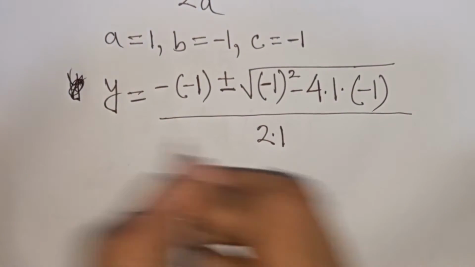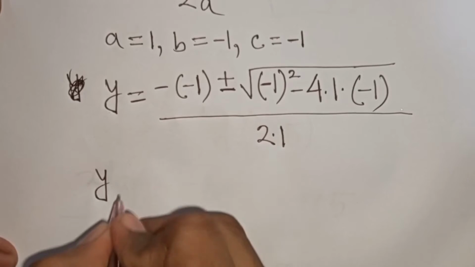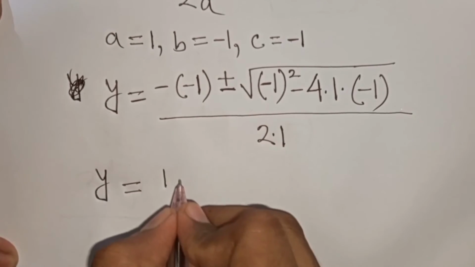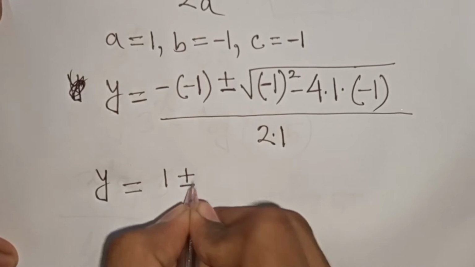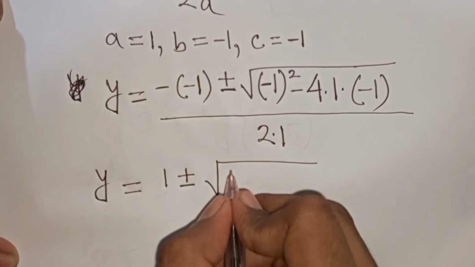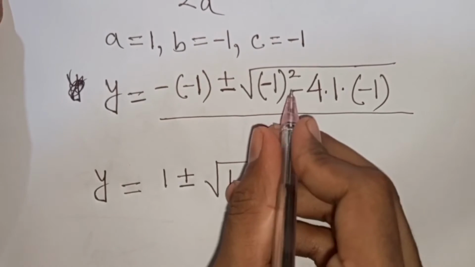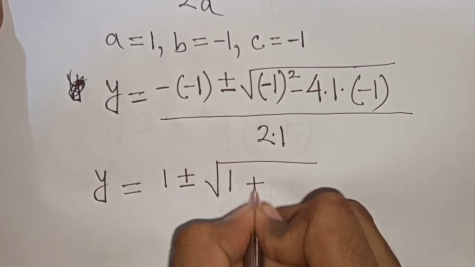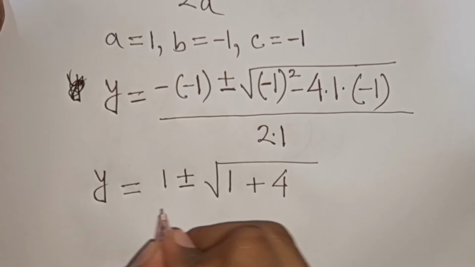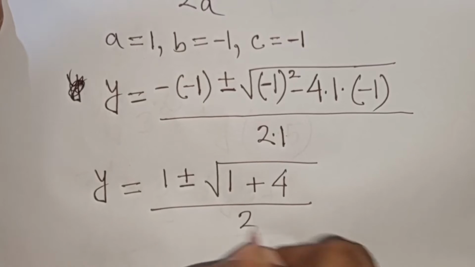Now we can write here y is equal to minus times negative 1, that means positive 1, then plus or minus a square root of negative 1 bracket square, that means positive 1, then minus times minus, that means plus 4 times 1 times 1, that means 4, divided by 2 times 1, that means 2.